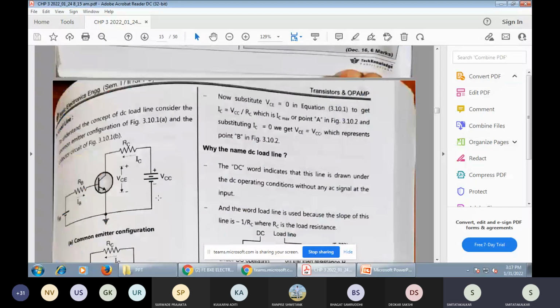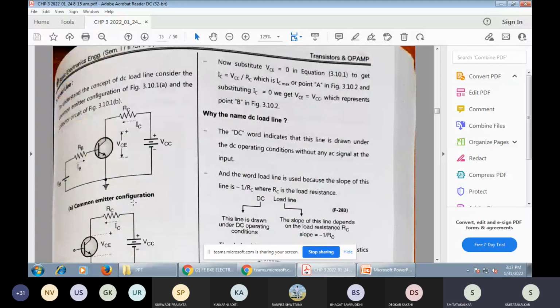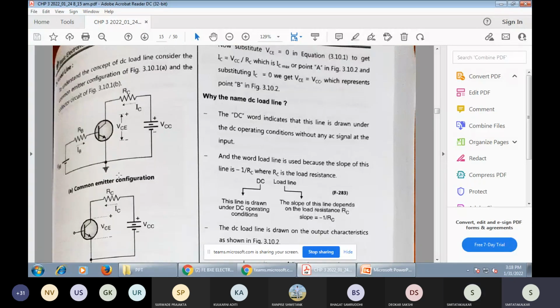Then the equation. Common emitter configuration in a circuit. To understand the concept of the DC load line, consider the common emitter configuration. In the common emitter configuration, VBB is the input through the base terminal, and current flows through the circuit. The emitter terminal is common, at ground, the base terminal is the input, and the output is VCE.